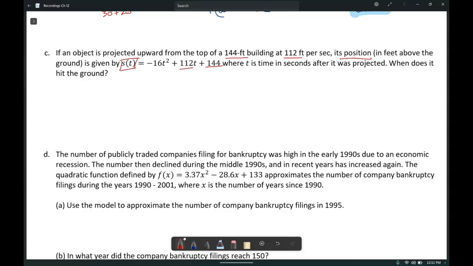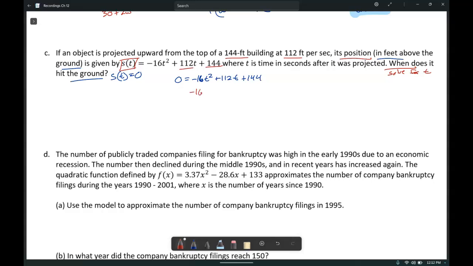We want to find when, so we're solving for t, the object hits the ground, its position. Well, the ground, in feet above the ground, is 0. So we're just solving our function for when s of t equals 0.